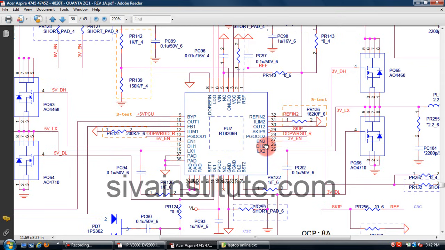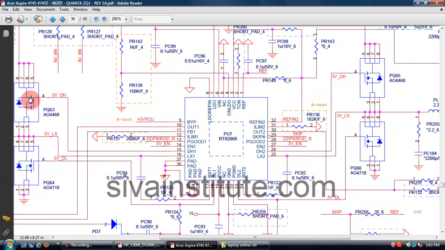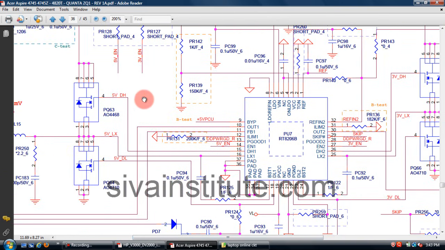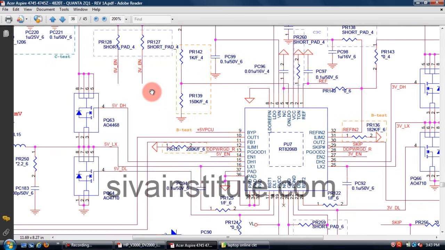Enable 1, enable 2. When you give voltage to enable 1 and enable 2, the output voltage comes out from out 2 and out 1. This voltage goes to DH1 and DH2. DH2 voltage goes to this upper FET, and DH1 voltage goes to this upper FET. This is an N channel FET.